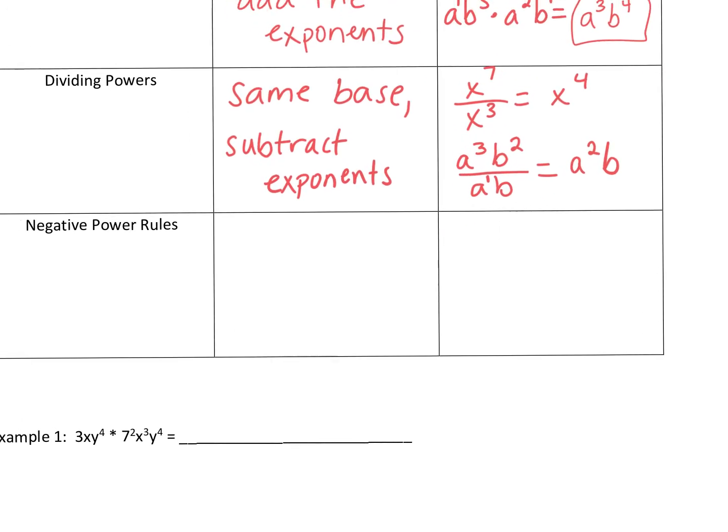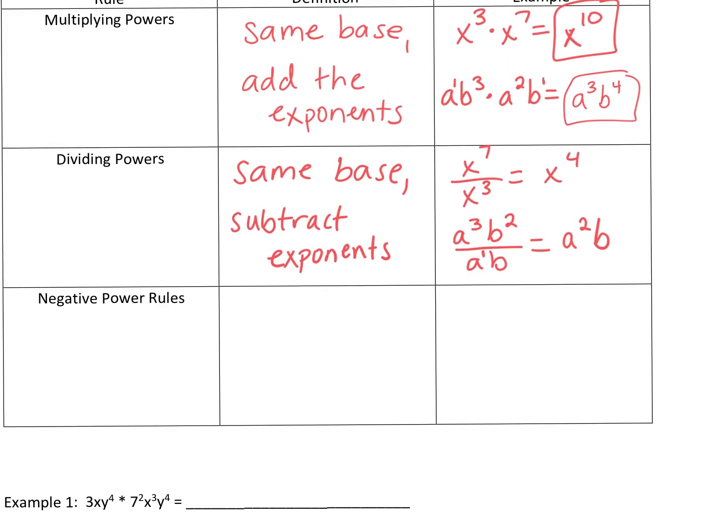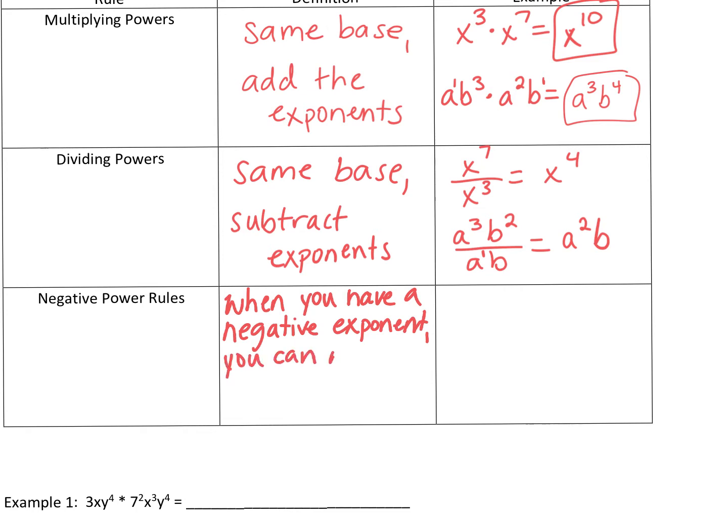Lastly, negative power rule. This one's a little bit longer to write out. So, when you have a negative exponent, you can move the base and exponent across the fraction bar to make it positive.